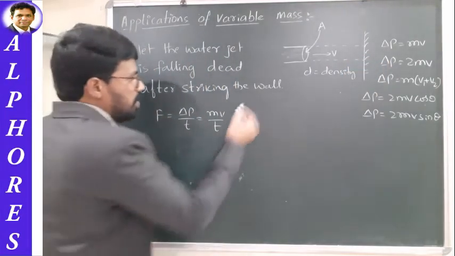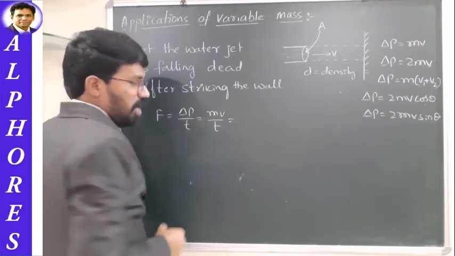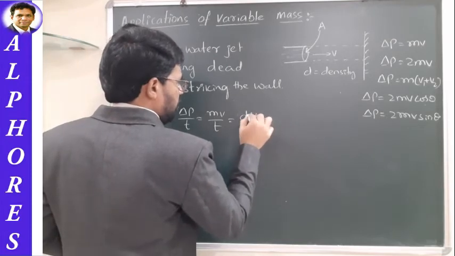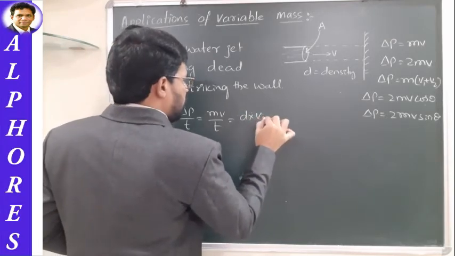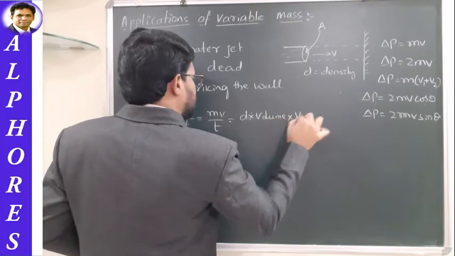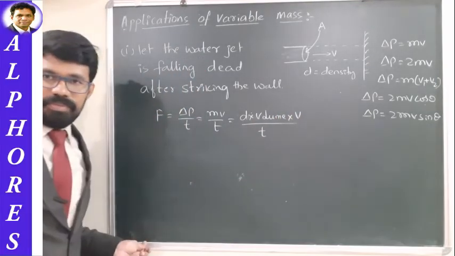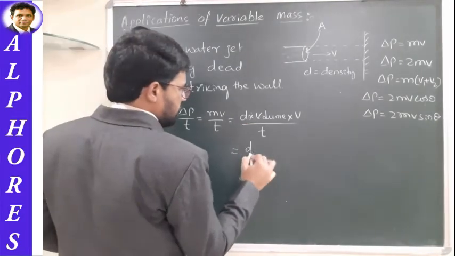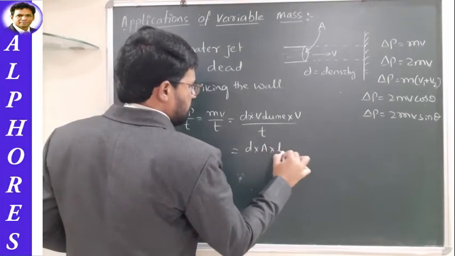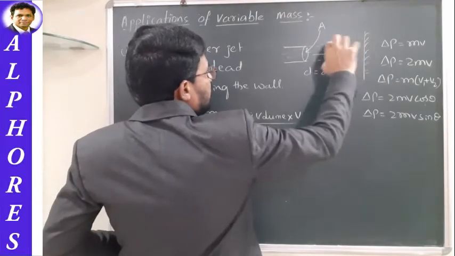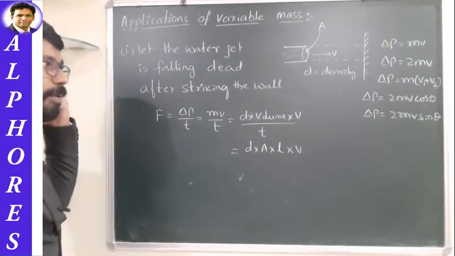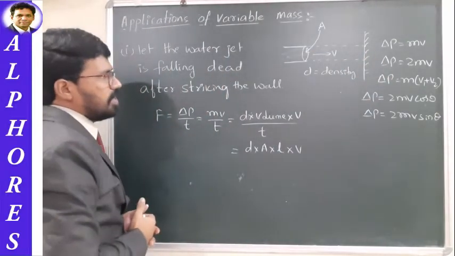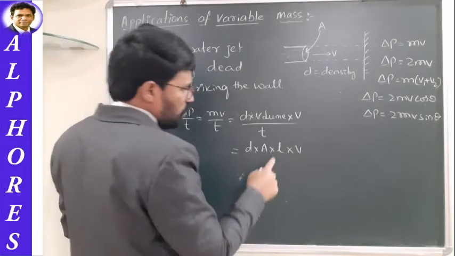Mass is density into volume, since density is mass by volume. This volume can be written as cross section area multiplied with the length. Whatever cylindrical surface is there is actually a channel in the shape of a cylinder. Let the length of that be L.